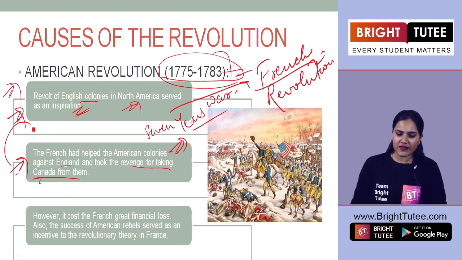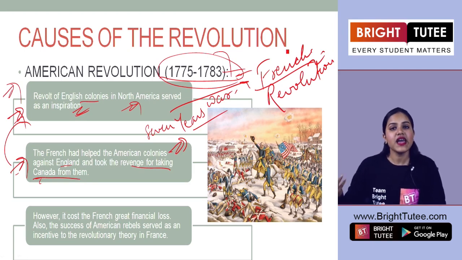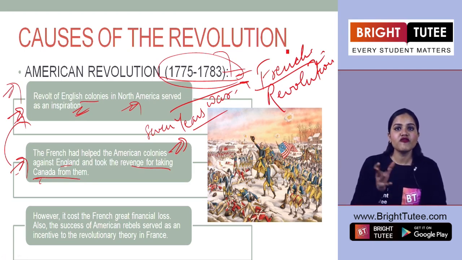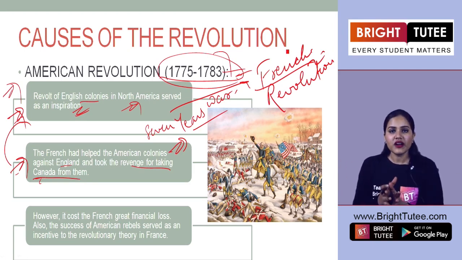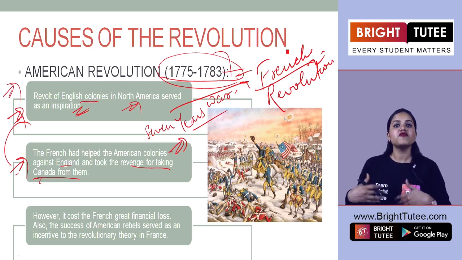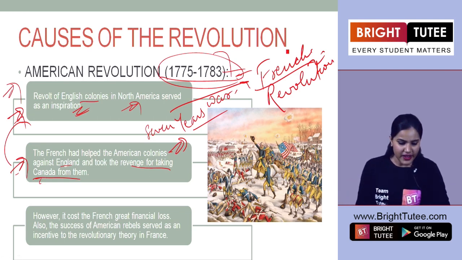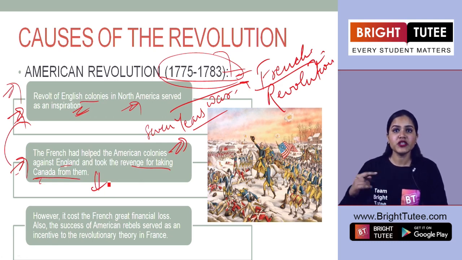In the year 1778, a treaty of alliance was passed, and through this alliance France and America came together and fought against the English, or England. When we are talking about this alliance, it means that the French kings were involved in the war. When they are involved in the war, it means that they are financing the war.